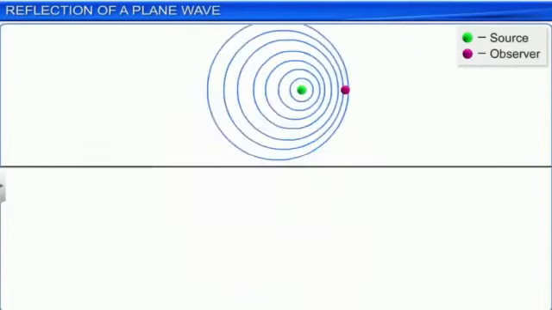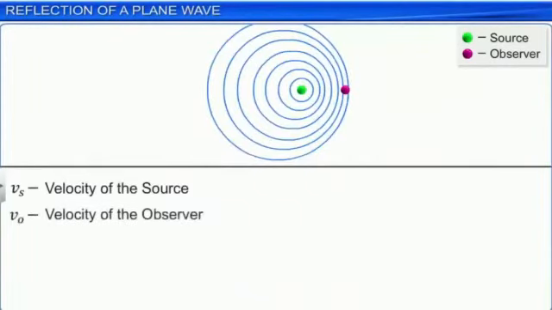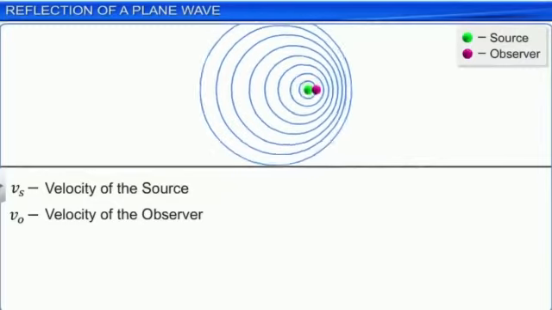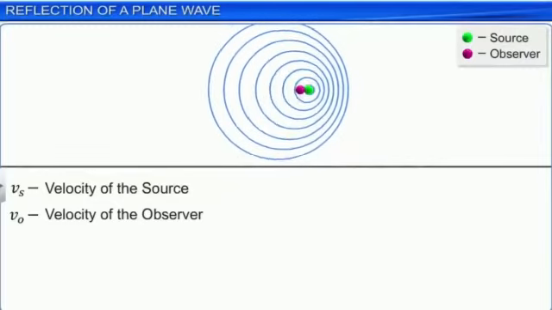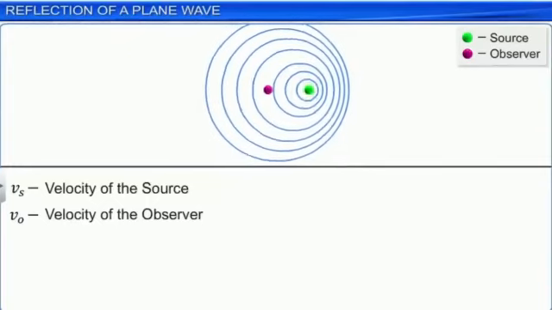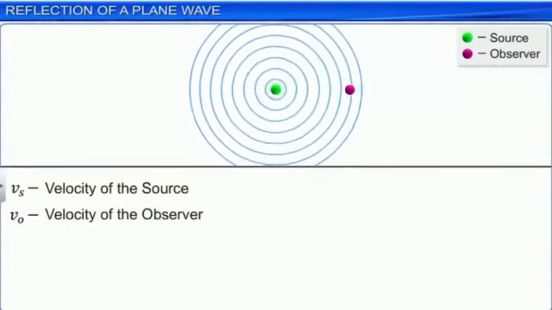Let Vs be the velocity of the source and Vo be the velocity of the observer. Both these velocities are relative to the medium in which they propagate and act along the line joining them.